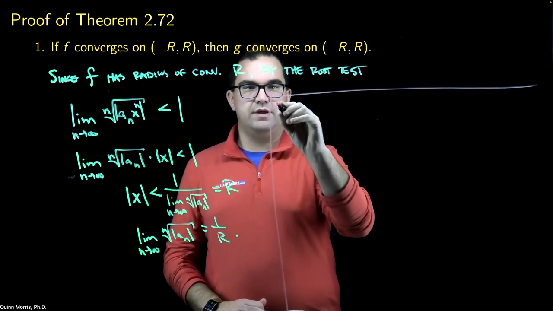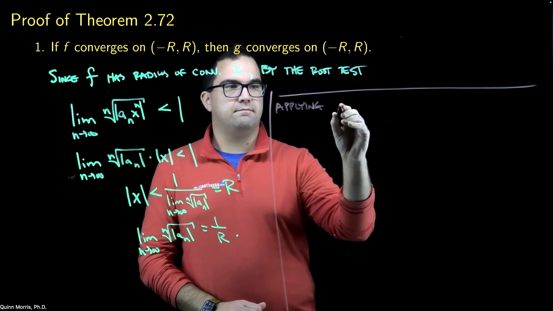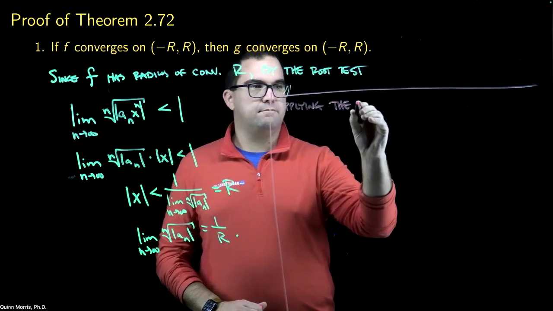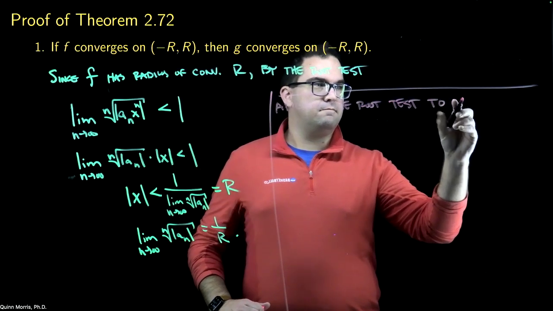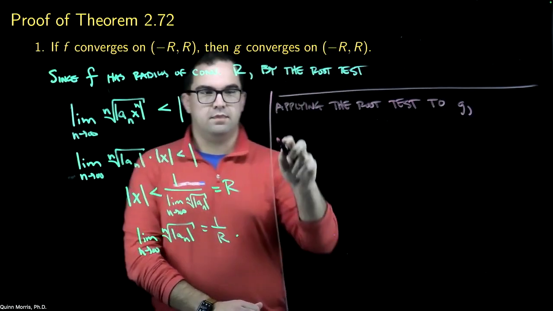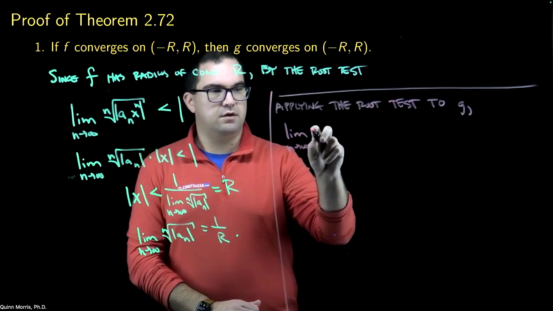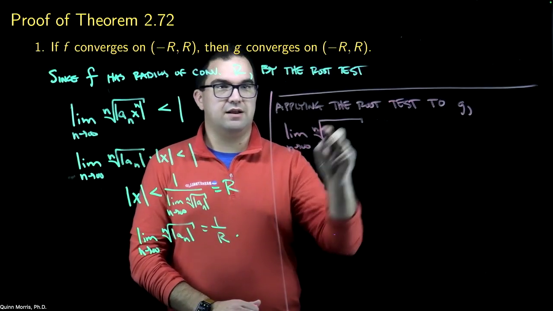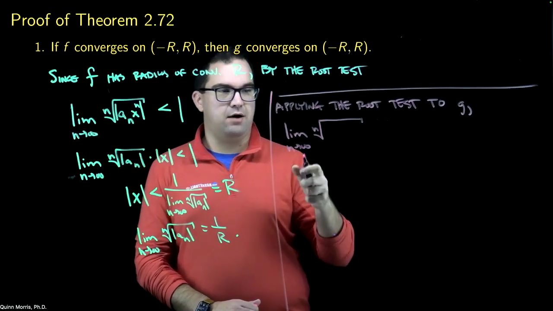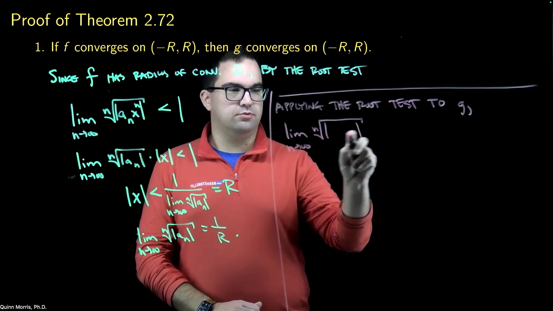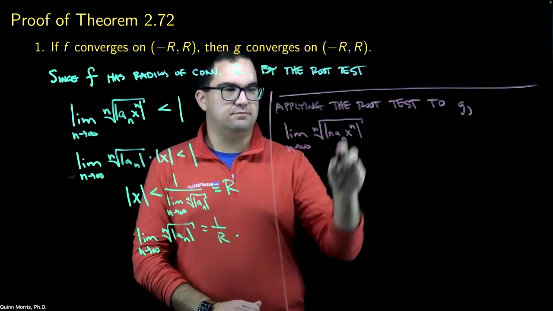So applying the root test to G, I want to look at the limit as n goes to infinity of the nth root of, now I've got to look at the terms of that G power series. So the term there is n a sub n x to the n.